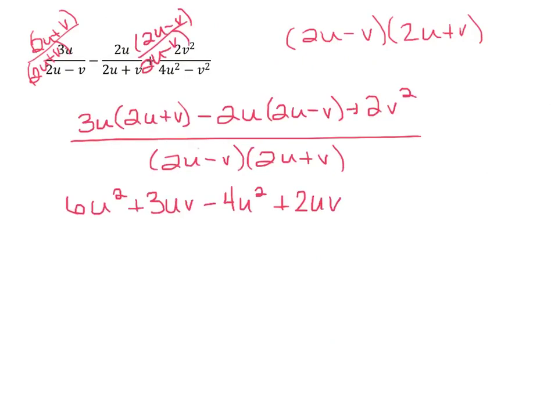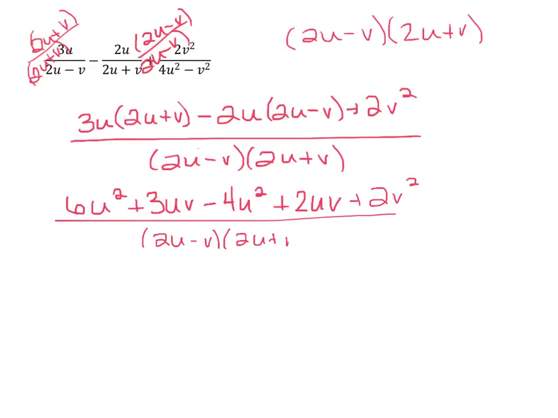Pay attention here. Negative 2u times negative v is positive 2uv. Combining like terms, 6u squared minus 4u squared, that's 2u squared. 3uv plus 2uv is 5uv.